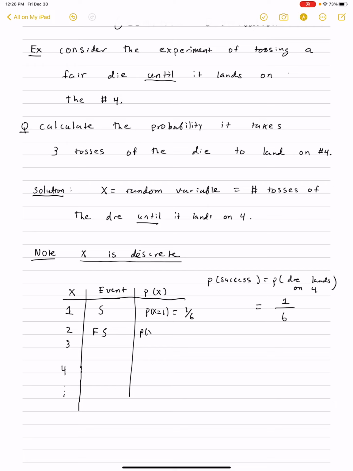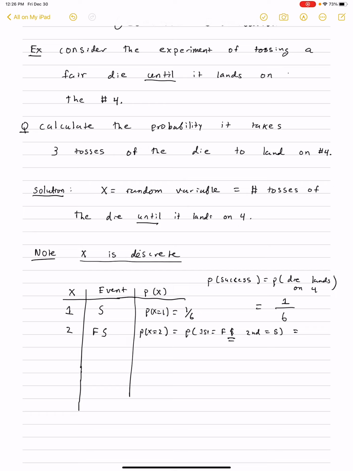So P of X equals 2 is equal to the probability the first is a failure and the second is a success. This "and" tells us we can just multiply the 2 outcomes together. We can multiply them because the probabilities of the die are independent.